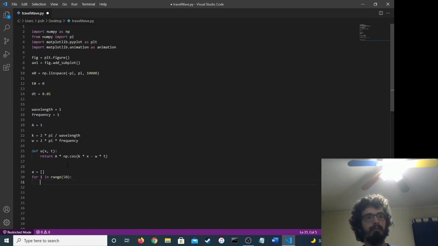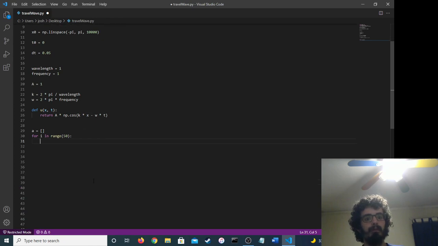So now we prepare our plot for the animation. This is pretty self-explanatory. You do the function of the linspace at the specific time.